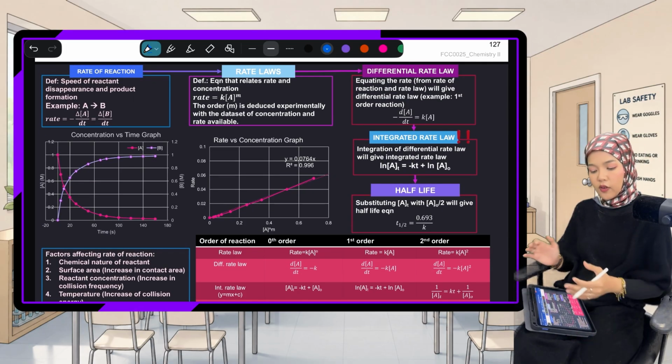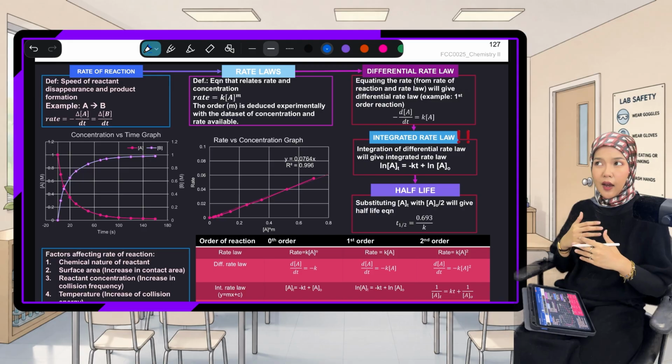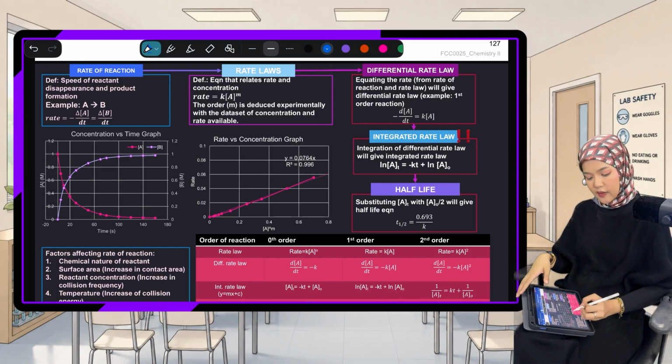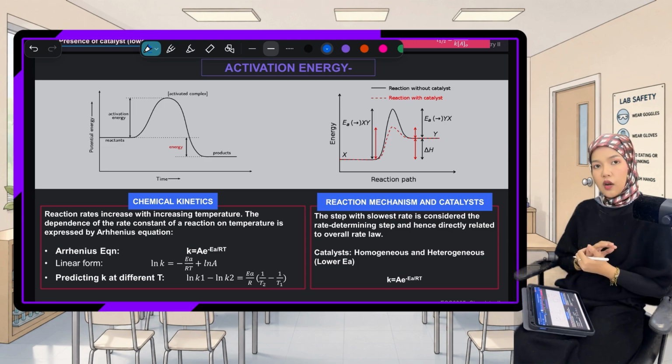So overall, what have you learned? You learned about the calculation part: rate of reaction, rate laws, differential rate law, integrated rate law, and also the half-life. So you must know how to do the calculations. These are all the important parts. And then we also talked about the activation energy, in which we discuss chemical kinetics.